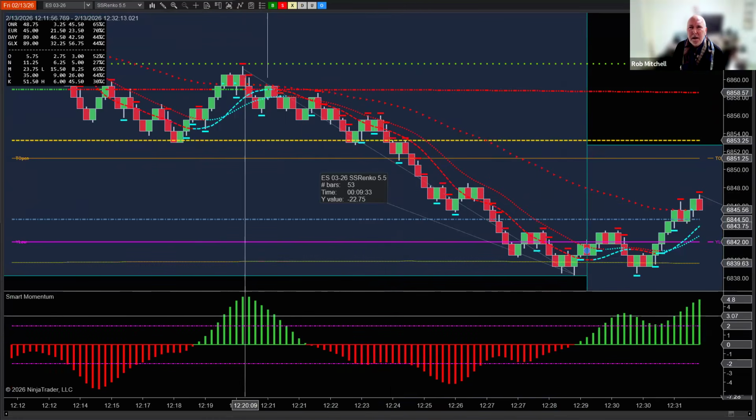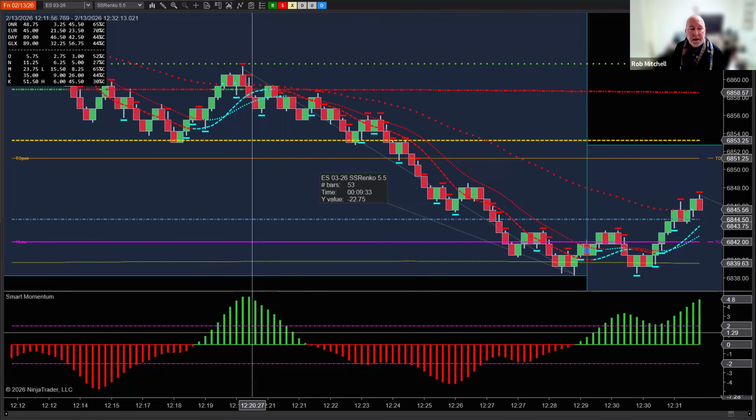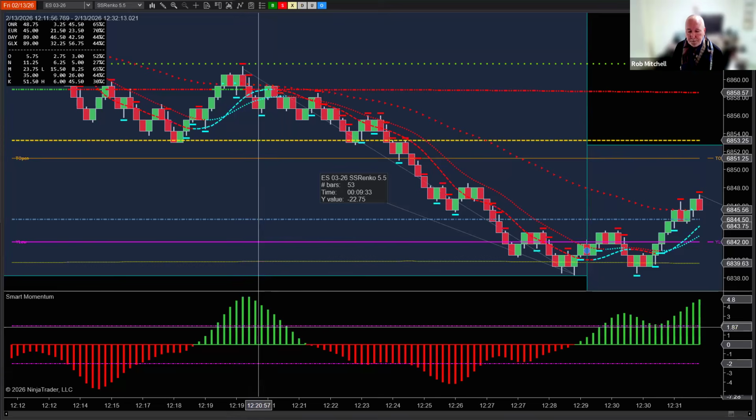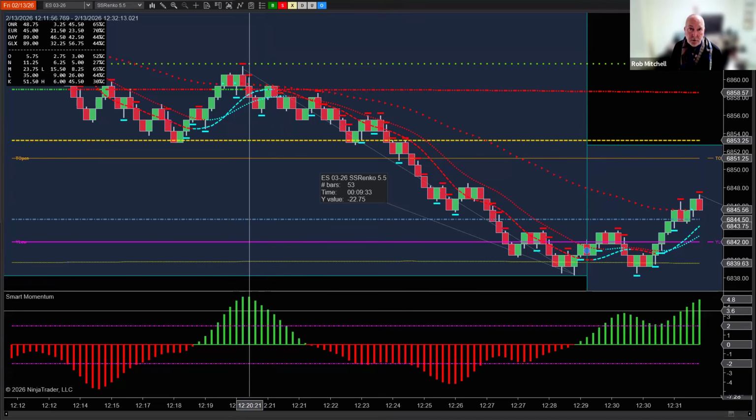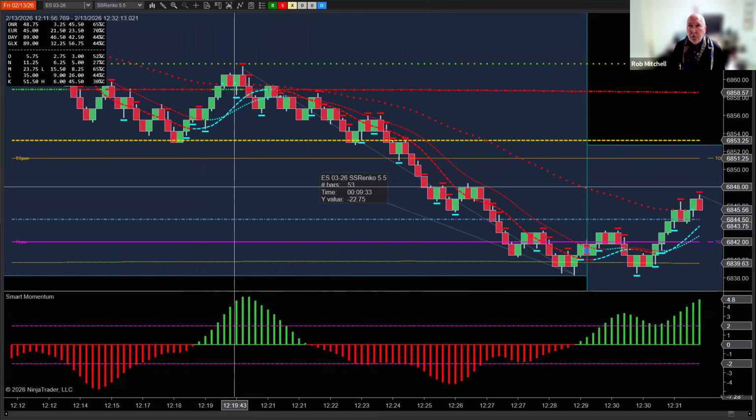When I set up the Smart Momentum, which is the one we're using for this particular video, there are two inputs to that. For this video, I've set that to 20 and 60. As I go through the chart, I'm going to take a sample of those. There's no rocket science to it.